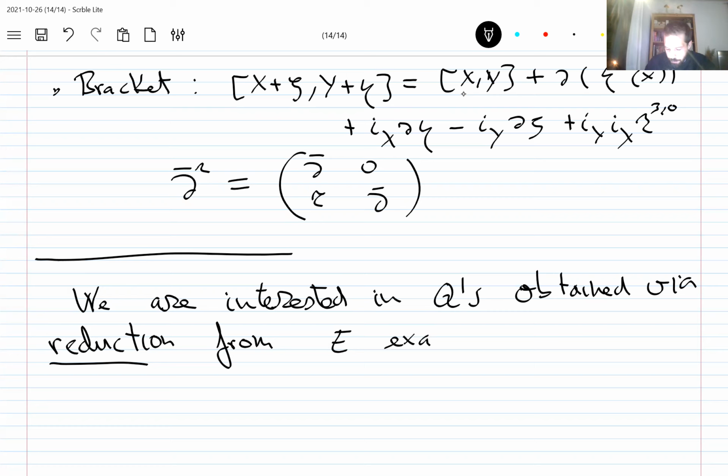So this is an exact smooth Courant algebroid. So let me explain this.